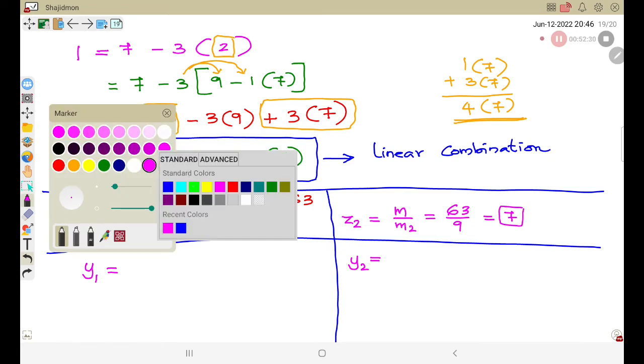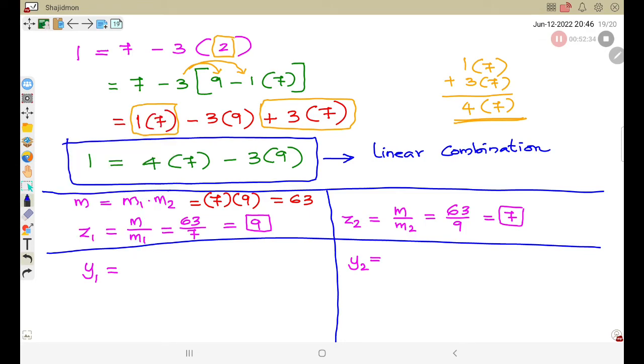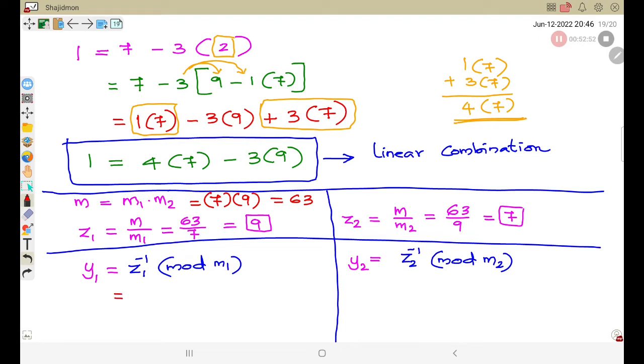Now we are going to calculate what is Y1 and Y2. Y1 means Z1 inverse mod M1. Y2 means Z2 inverse mod M2. What is Z1? Just before we wrote, Z1 means 9.